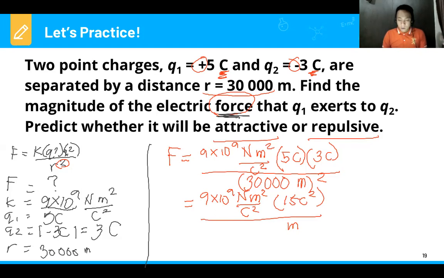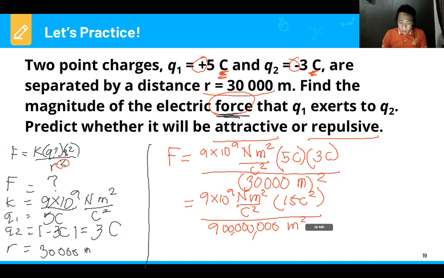We have 4, so it will become 8 zeros. That is 900 million. Okay, correct, 900 million meters squared.